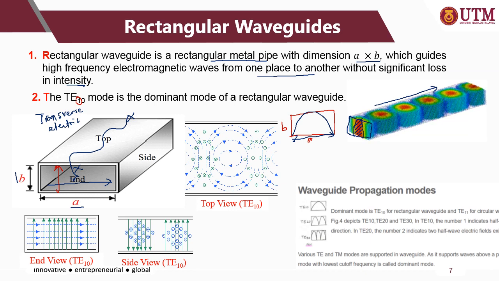So what happens when you have other, higher modes, TE20, for example? TE20 means that you have two half wavelengths across the broadside of the structure. So in here you have two half wavelengths.